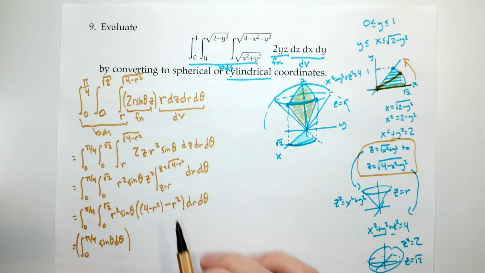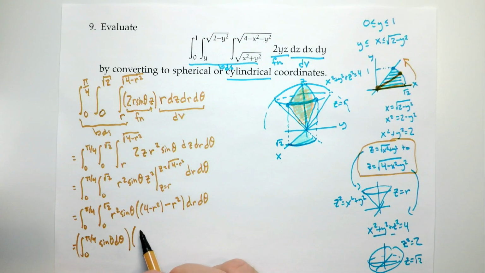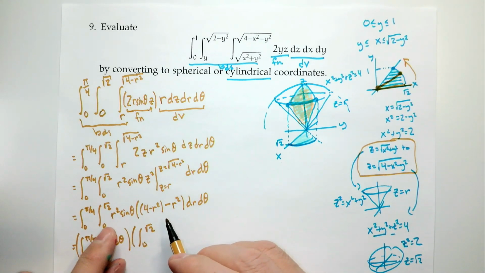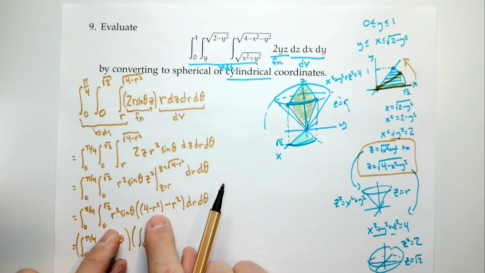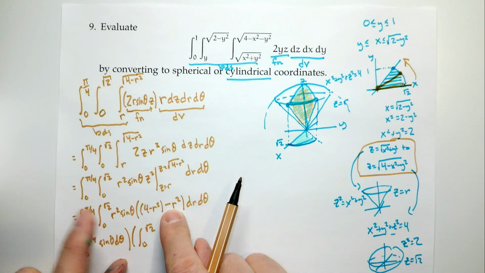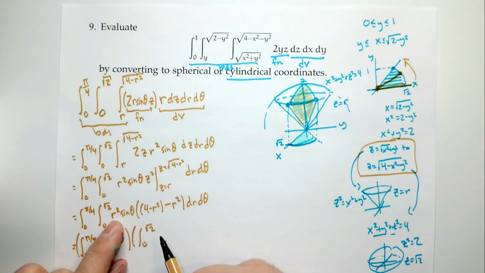The other one, we're going to get 0 to root 2, and we'll clean this up. Now, let's be careful here. We have 4 minus r squared minus r squared, so that's 4 minus 2r squared. We're going to multiply that by r squared. So we get 4r squared minus 2r to the 4th dr.